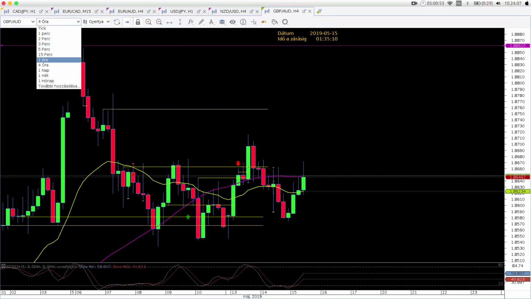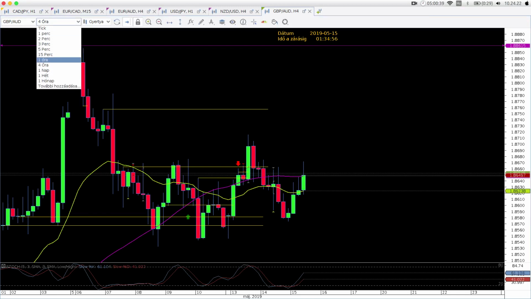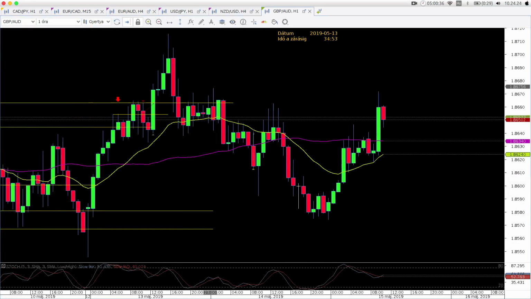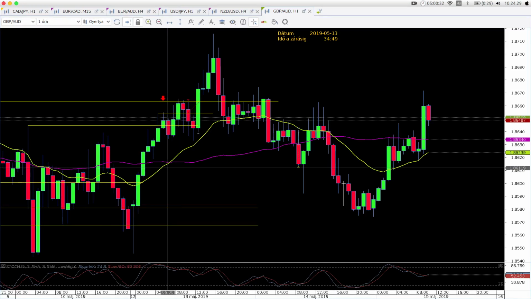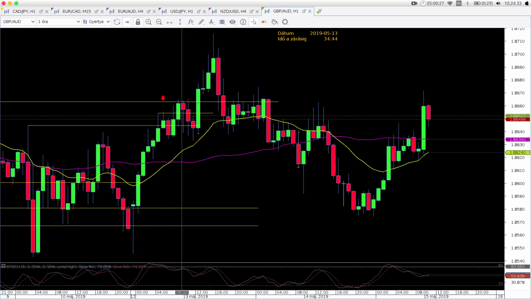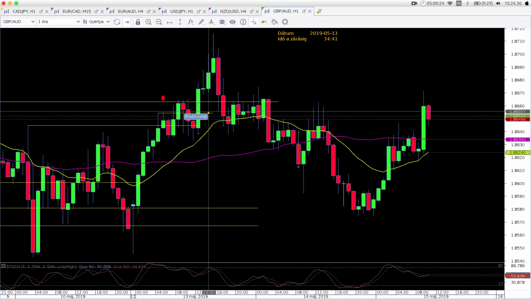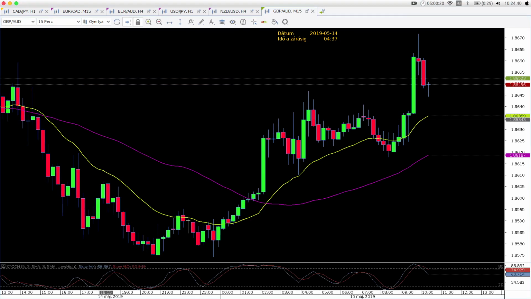The second entry was based on the price action move and knowledge that the price is in a range, and we were at the top of the range. So I went to the 1 hour and saw this divergence, that the price goes up and the indicator goes down, and wanted to enter immediately if the price got rejected.